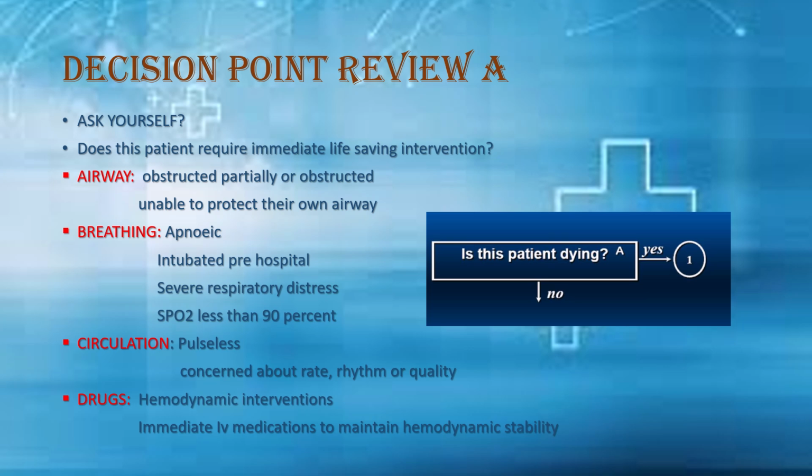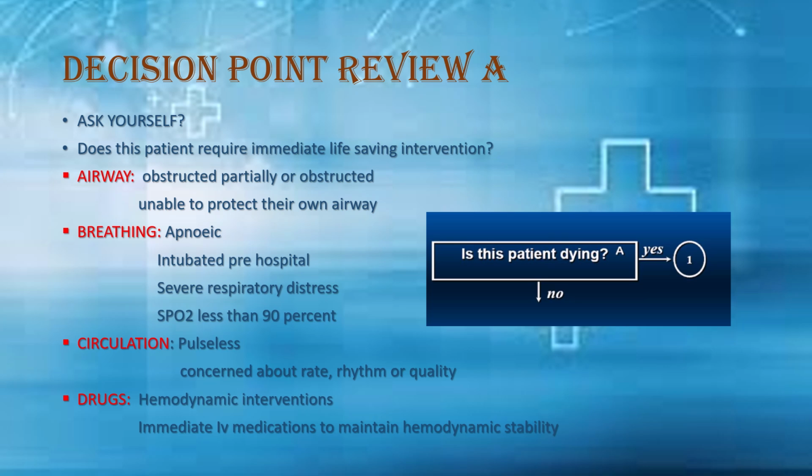Now, ask yourself these few questions. How is his airway? Is it obstructed, partially obstructed, or totally obstructed? Unable to protect his own airway. That is an emergency. Now, if none of these, go to breathing. Is he apneic, or is he already intubated, or is his SpO2 less than 90% on room air, or is he experiencing severe respiratory distress? Next, we come to circulation.